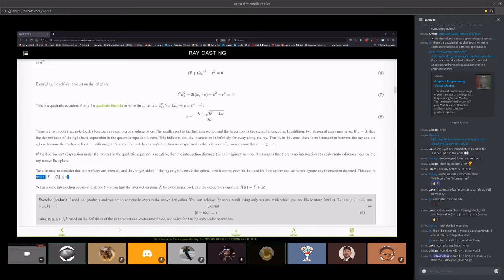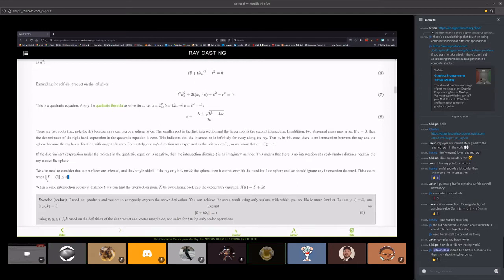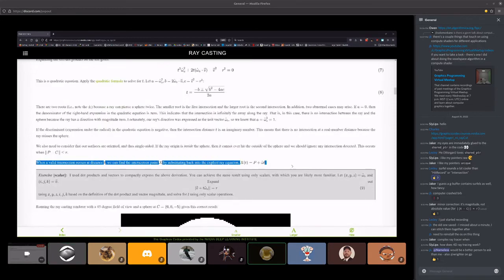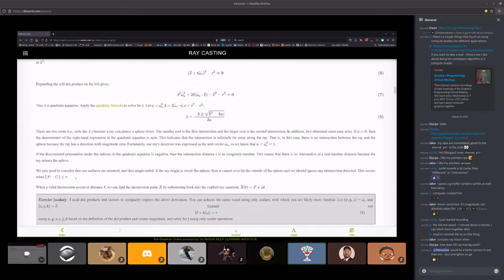If your starting point is within the sphere, then you just ignore any intersections found. There's going to be a decision for the type of renderer that you're making. I've done this before where I decided to do something inside the sphere. Or if you want to support reflection or transparency.